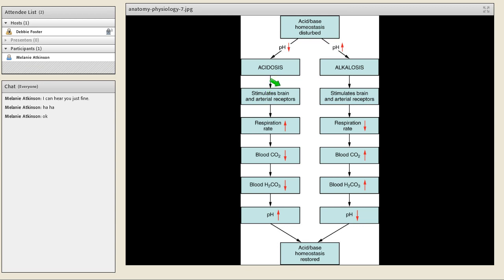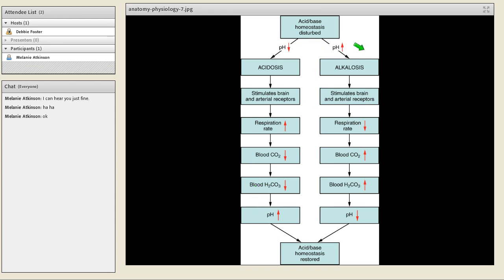And so what you see is there's a stimulation here of brain and arterial receptors. We increase our respiration rate. We decrease our blood CO2 because then we know we can force that buffer equation to move to the other side to create more. And then in doing so, we also will decrease the amount of free carbonic acid, and then ultimately that will help increase our pH.